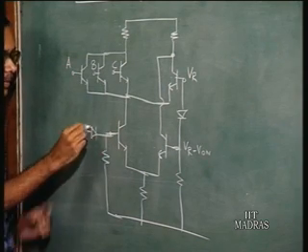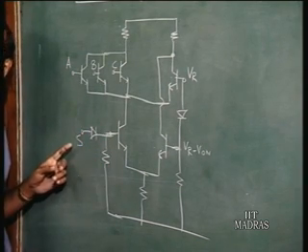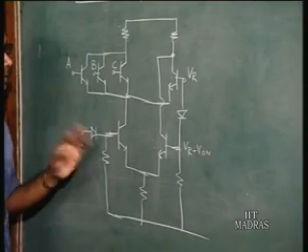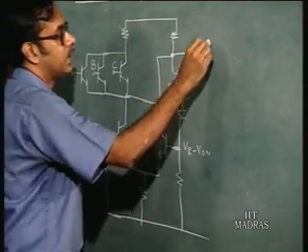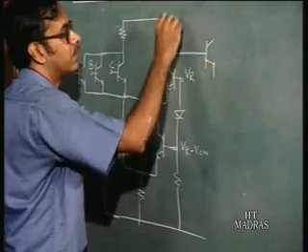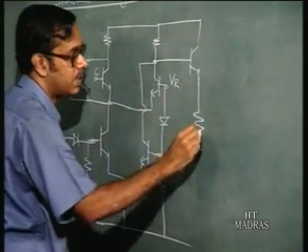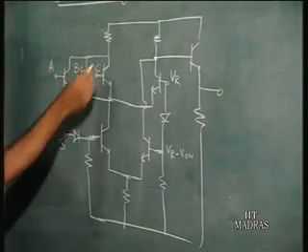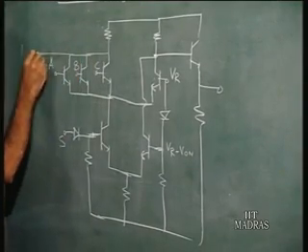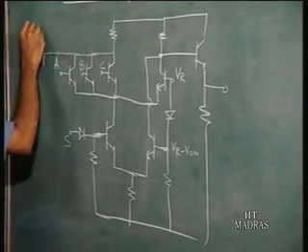So you have this combination for level shifting purpose. So again, you can have the emitter follower as in a normal ECL gate, and here also you can have another emitter follower.